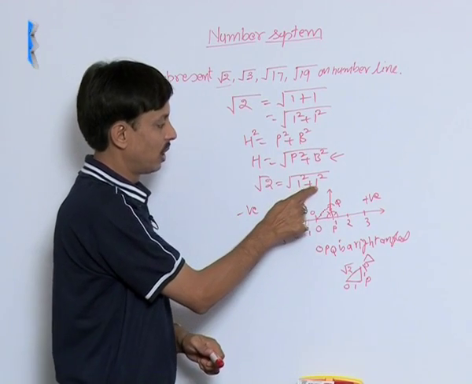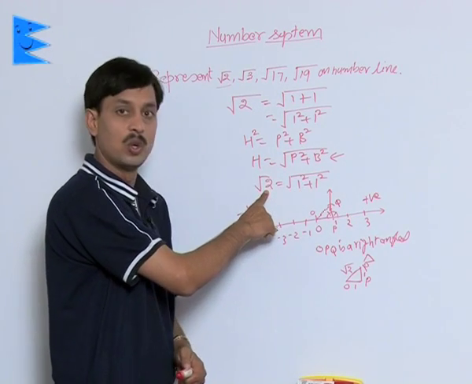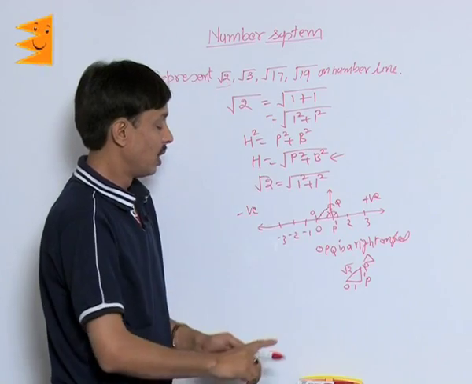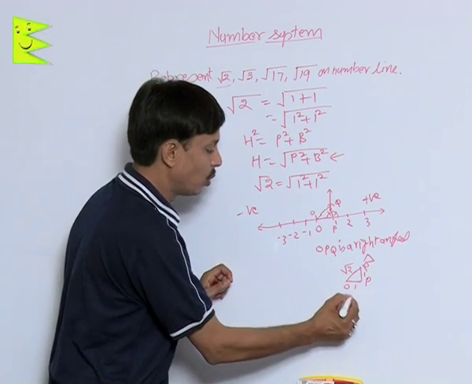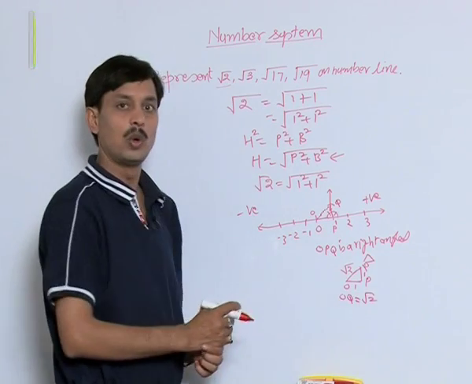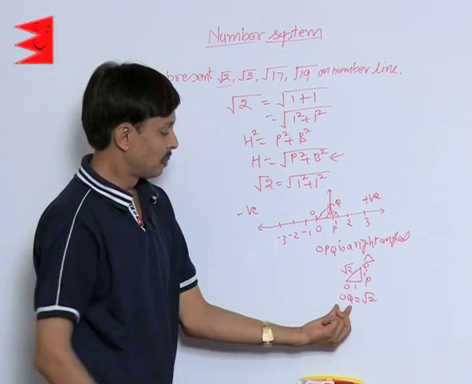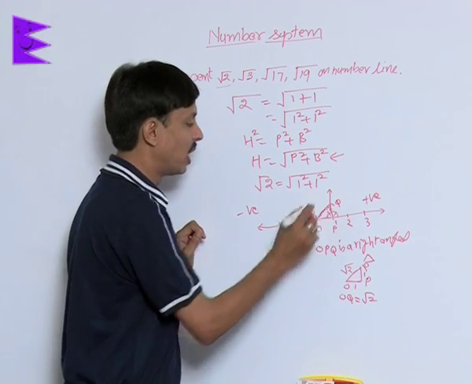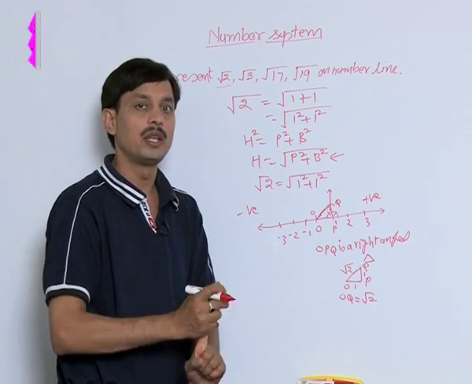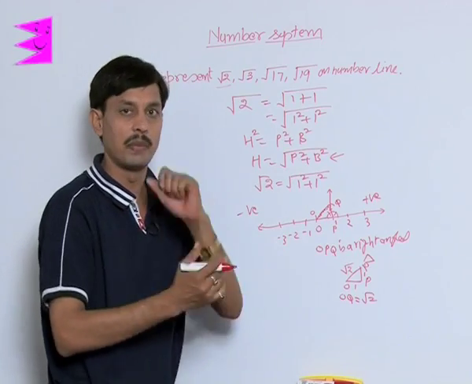Root of 1 square plus 1 square is equal to root of 2. Now the conclusion is that OQ is root 2. This part OQ is root 2, but actually it is not on the number line.